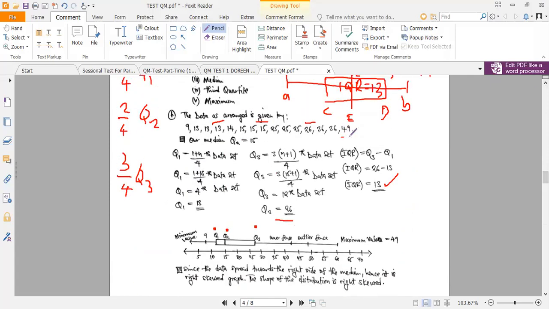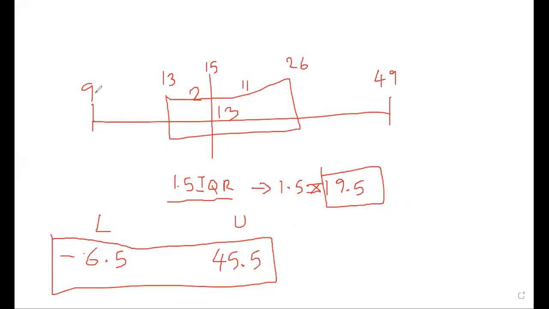It's only 49, right? Yes, it's only 49. Our range was only going from negative 6.5 to 45.5. So the outlier is what? The number that is not captured within the range. That is what is called an outlier.